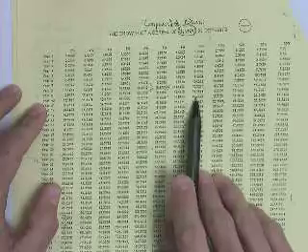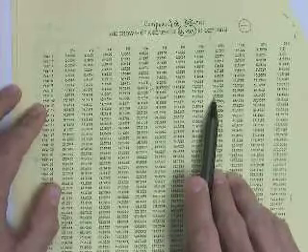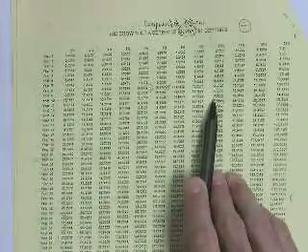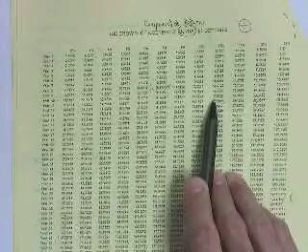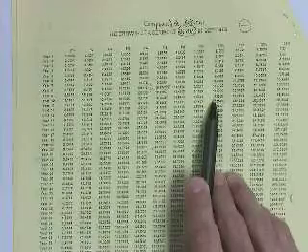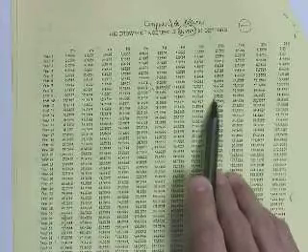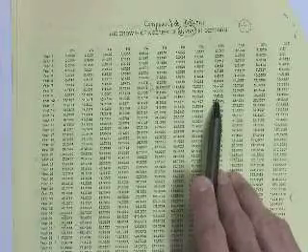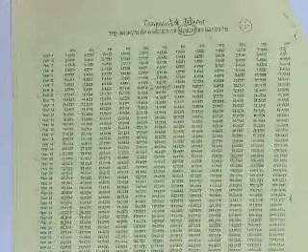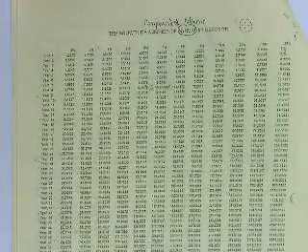You might want to use a ruler for this. If I put $1 in this account and it yielded a 10% return, in 10 years I'd have $17.53 in that account.